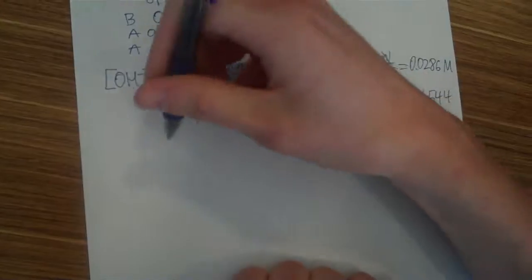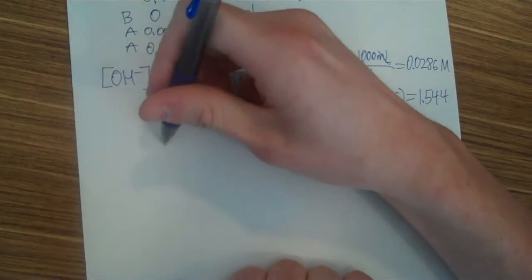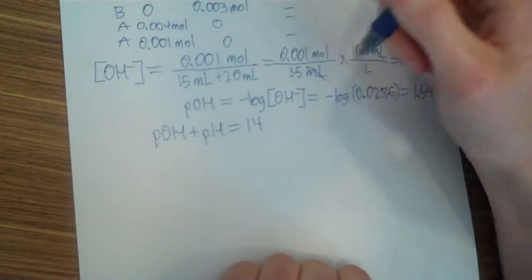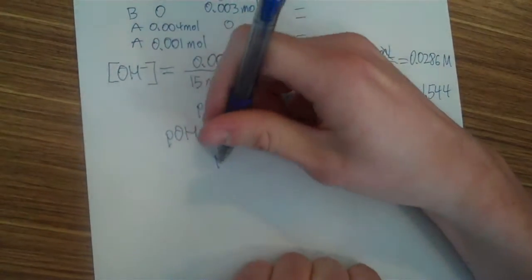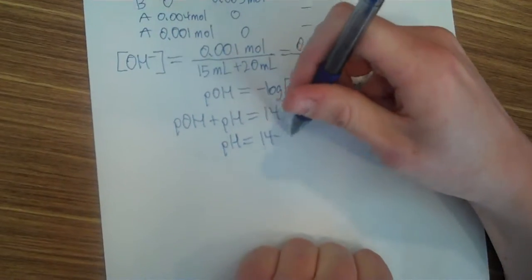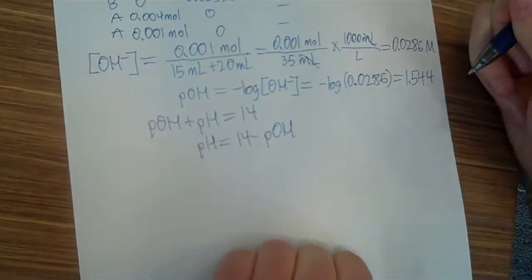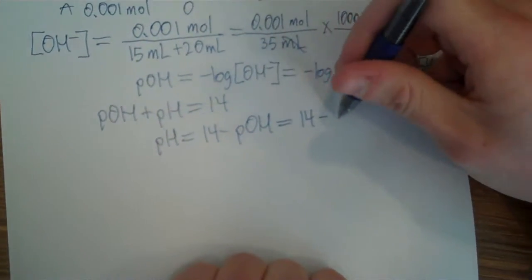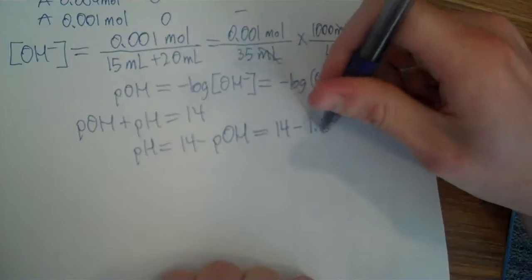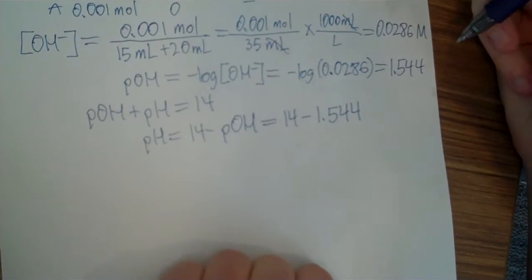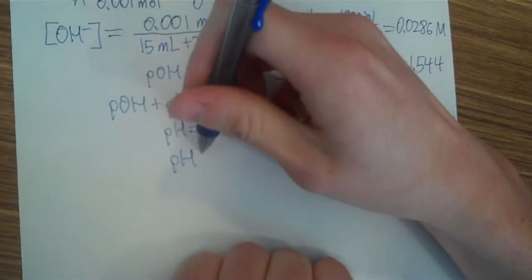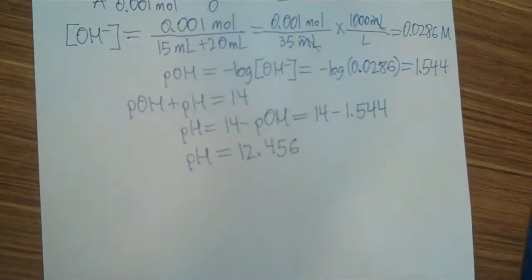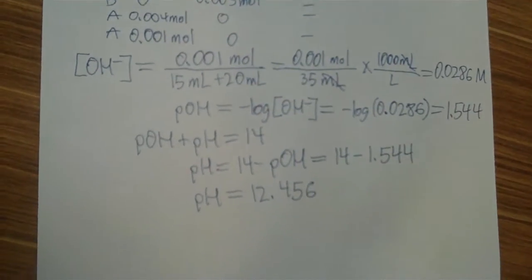Now we know that the relation between pOH and pH is that pOH added to the pH will equal 14. So therefore, pH equals 14 minus the pOH. Well, we have the value for the pOH, so this value is very easy to calculate. We subtract, and we get that the pH is 12.456, which is very basic, just as we'd expect for something past the equivalence point.